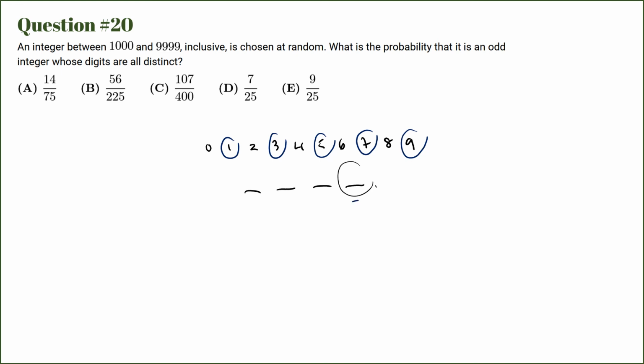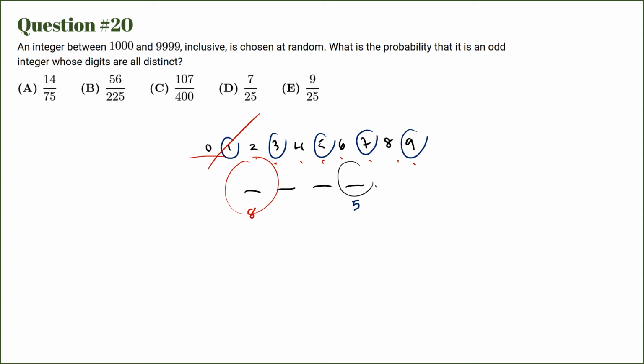So 5. Then let's move on to the very first digit. For that, we would have 1 choice taken away because we used 1, and 0 taken away because the first digit cannot be 0. So that would be 1, 2, 3, 4, 5, 6, 7, 8 possible choices.